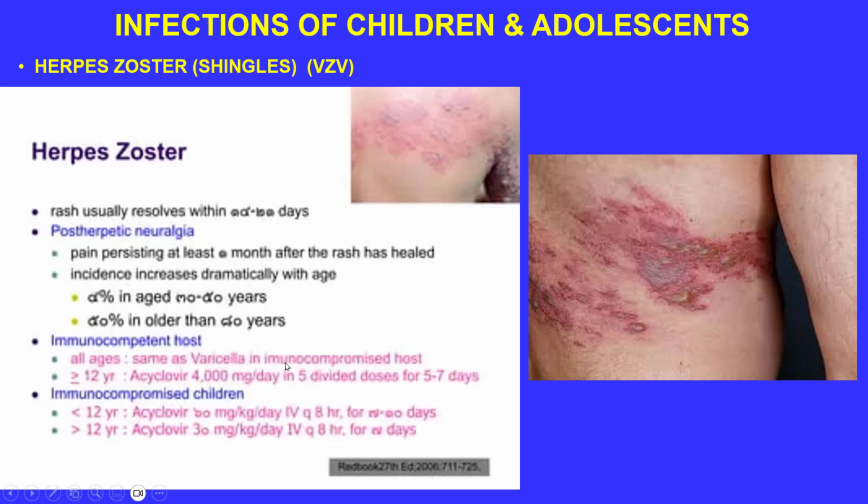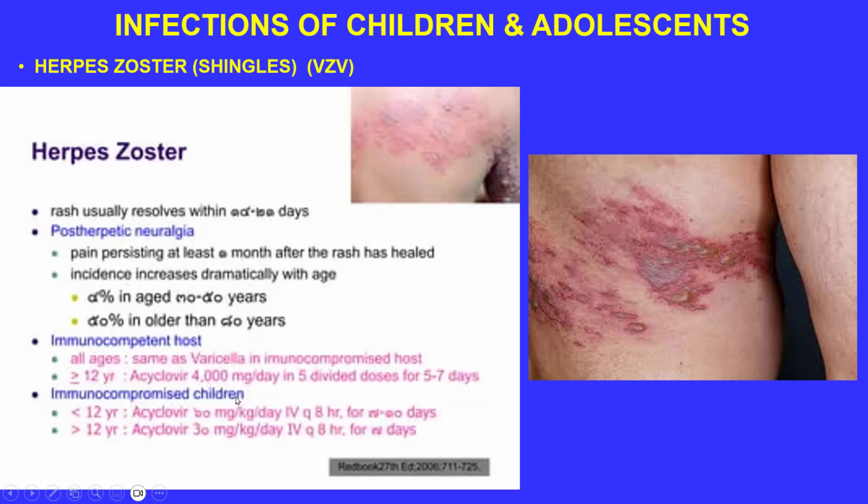Compromised. When you have an immunocompetent host, okay, not much of a problem. Acyclovir, if you're 12 years or older, 4,000 milligrams per day in 7 divided doses for 5 to 7 days can be used.